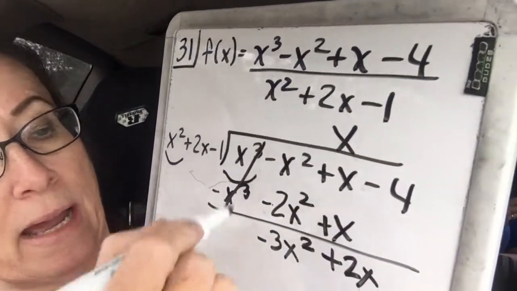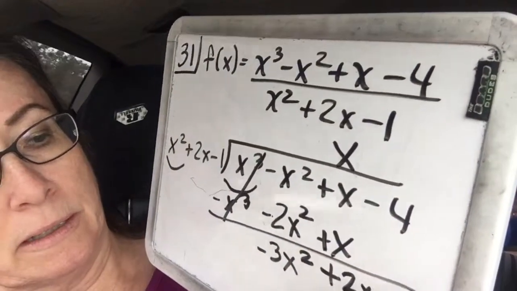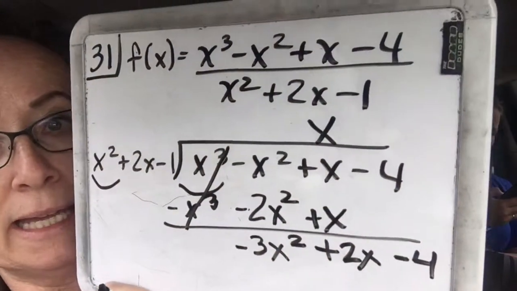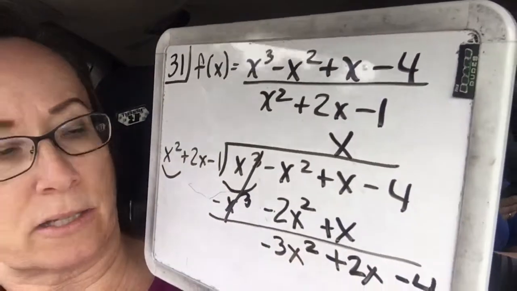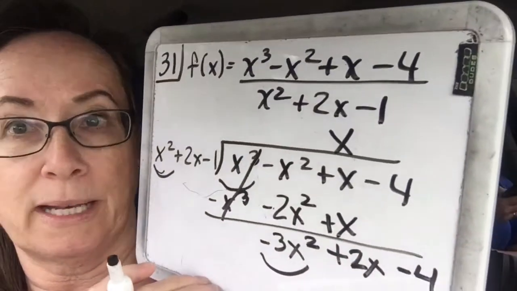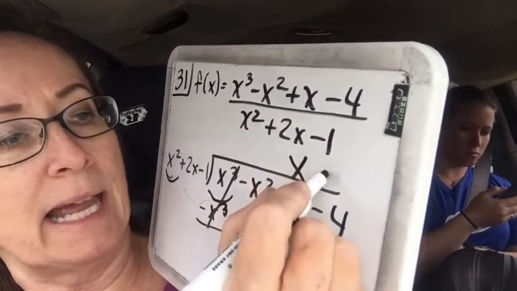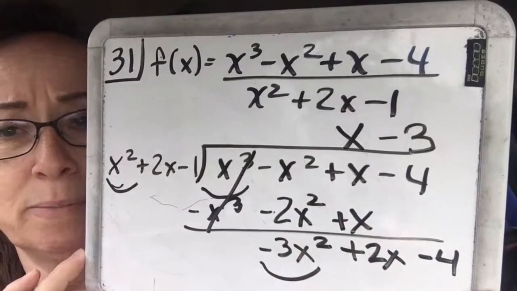Now I am going to bring down my negative 4, and I'm going to divide again. So x squared goes into negative 3x squared, just the first one into the first one. That's going to go in negative 3 times. The negative 3 goes there. And really, I'm done.